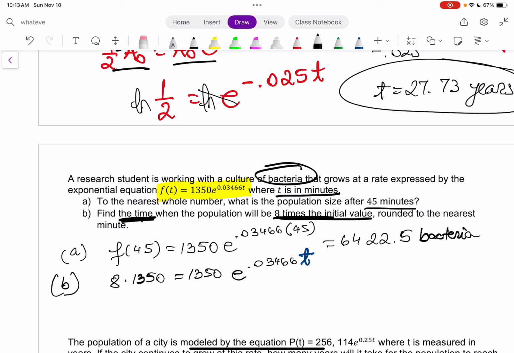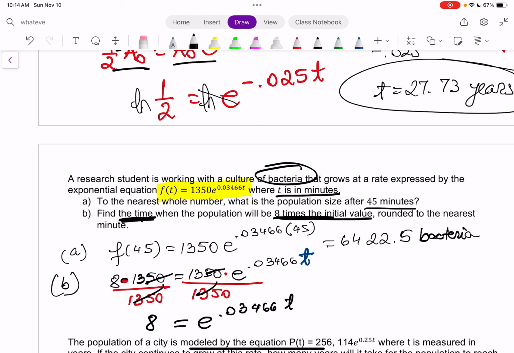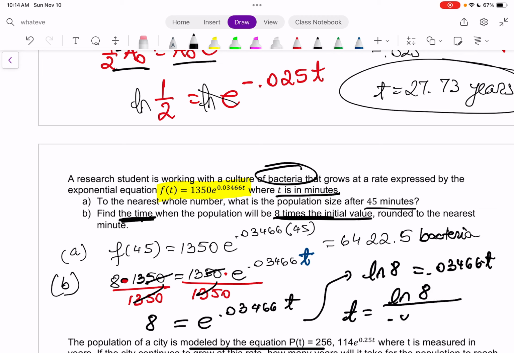And don't even bother multiplying these numbers together, because the first step in solving this equation is to divide, to undo this multiplication by dividing by 1350, so you end up with 8. And again, to get to t, as we've done already quite a bit today, we're going to log both sides and then divide by this number that the time is multiplied to.